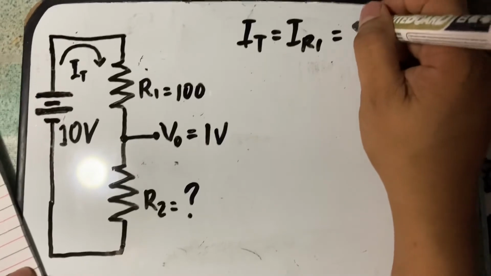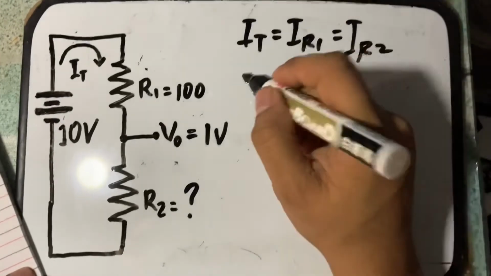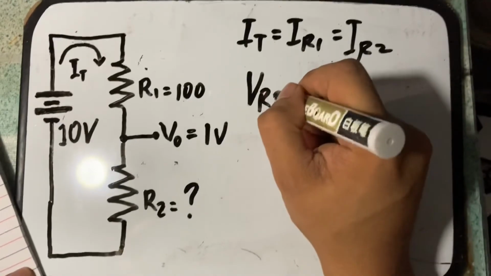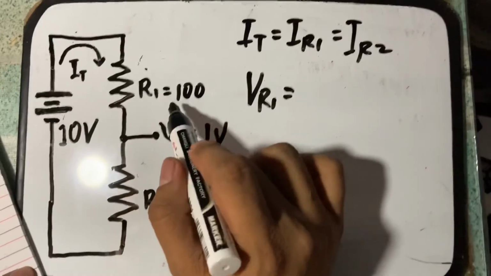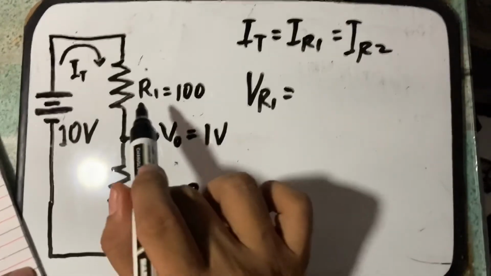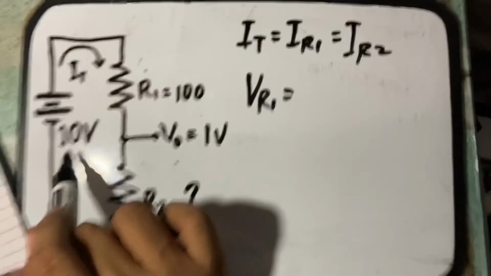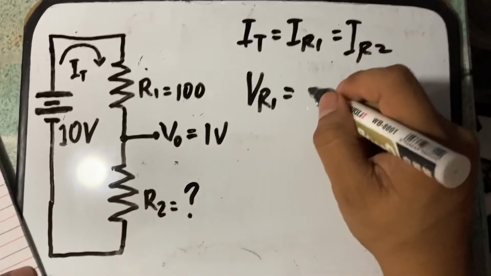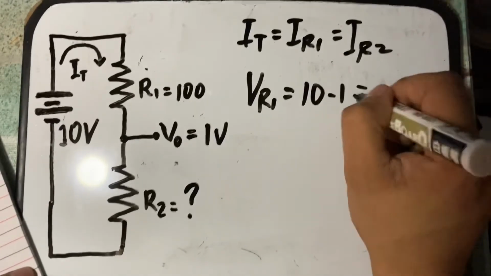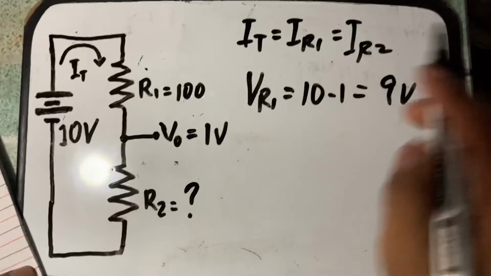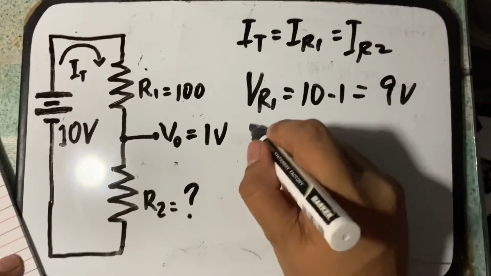So yung current sa R1 tsaka current sa R2 is equal to the total current. Tapos yung voltage across R1 can be computed by subtracting the total voltage minus voltage ng R2, which is the V out, is equal to 1 volt. So 10 minus 1 is equal to 9 volts. So yung voltage across R1 is equal to 9 volts.